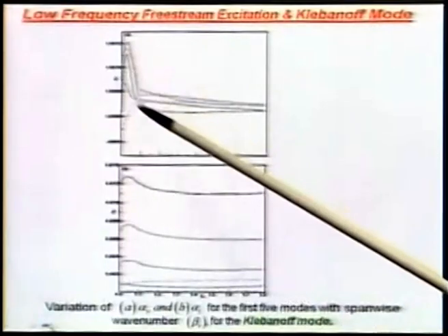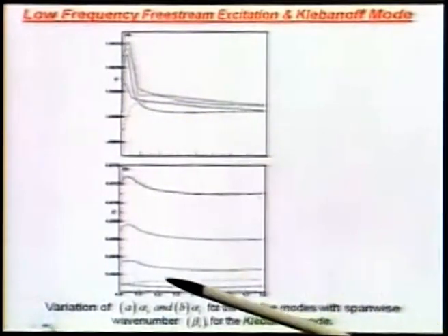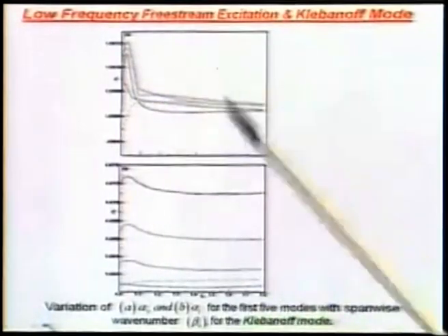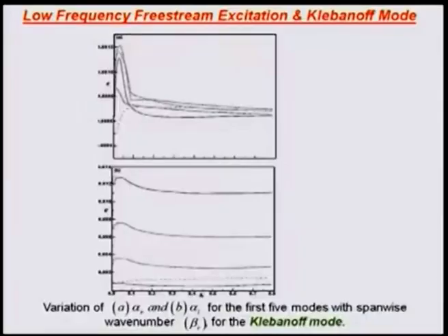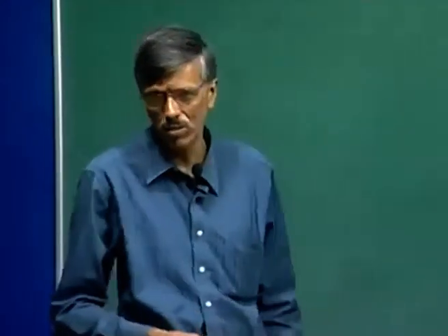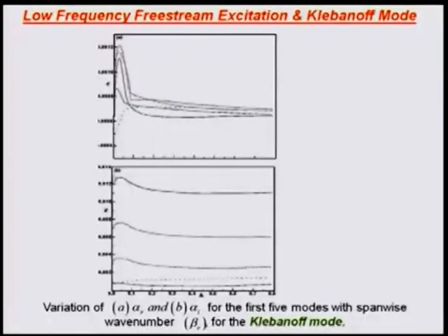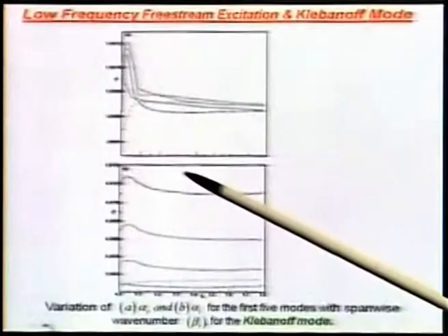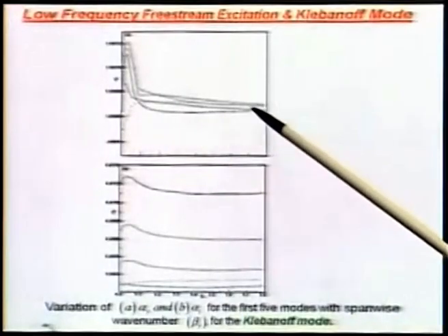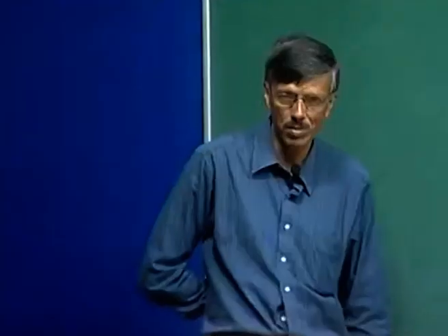So, this is alpha r versus beta r, and this is the alpha I versus beta r plot. What we have basically done is obtained say 5 such modes. That is what we are showing here, 5 such curves, and how they vary with beta r is shown here for these 5 waves.